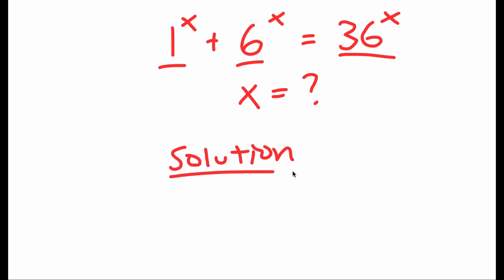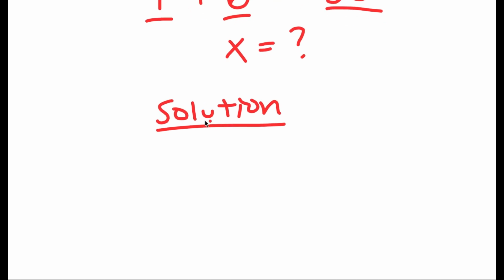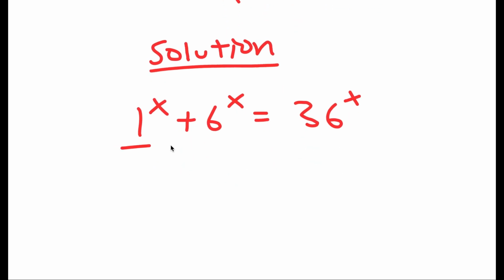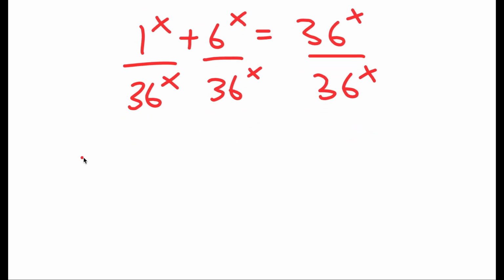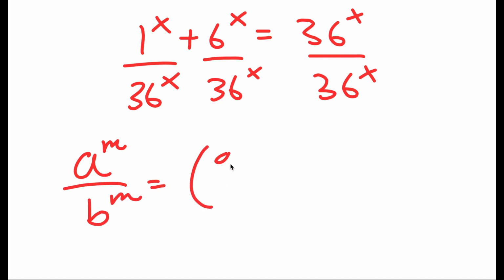Well, for my solution, I'm going to first start by dividing every term here by 36 to the power of x. So now I can use the property a to the power of m over b to the power of m is equal to a over b to the power of m.